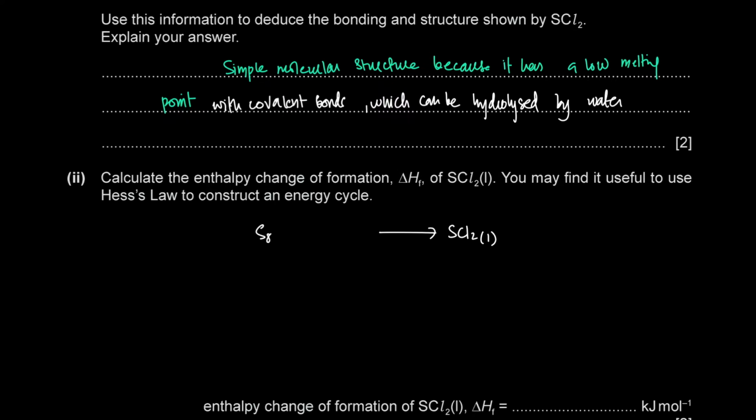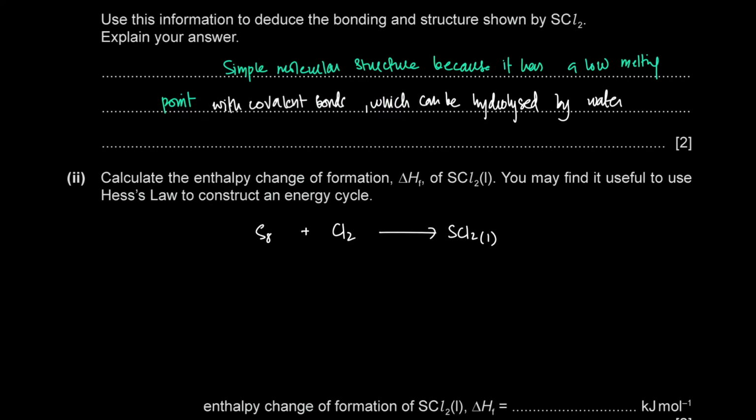So here we're going to say sulfur is S8 because that's what they've given us in the question. Sometimes we do write sulfur as S as well, but here we're going to say S8, and then we have Cl2. And again, we have 1 mole of the product being formed.